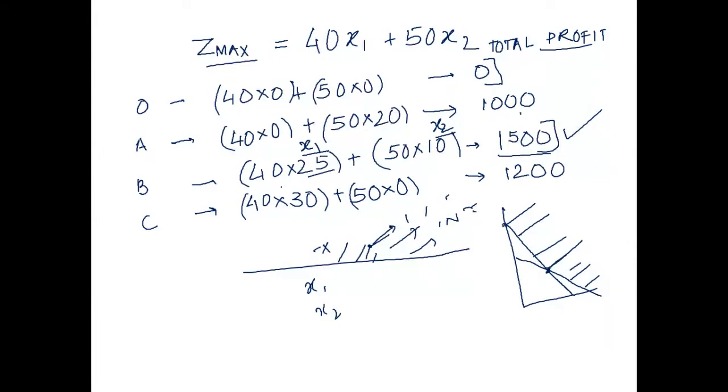And this feasible area means these points will be the decision alternative. Then we repeat the same. We will find the values of Z min at these points. And finally, we will select the lowest value there.